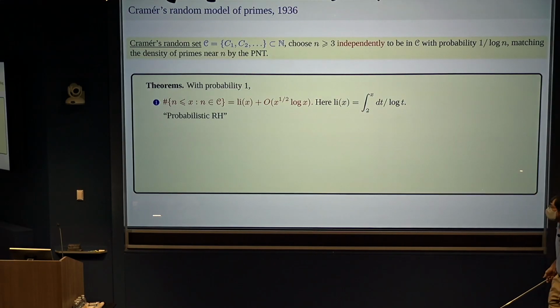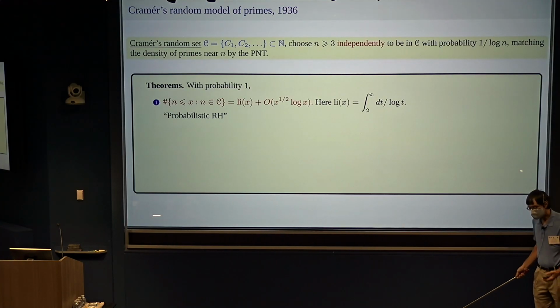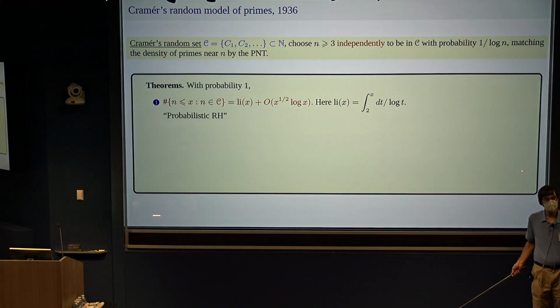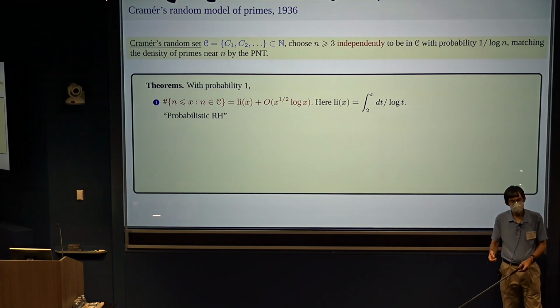So now I want to talk about a very famous model of primes, which was the very first one ever created by Cramer in 1936. And he started with the prime number theorem, which says that the density of primes near x is about 1 over log x. So he created this random set where each integer, starting at 3, you flip a coin that comes up heads 1 over log n of the time.